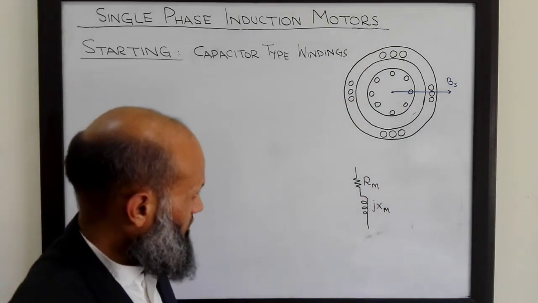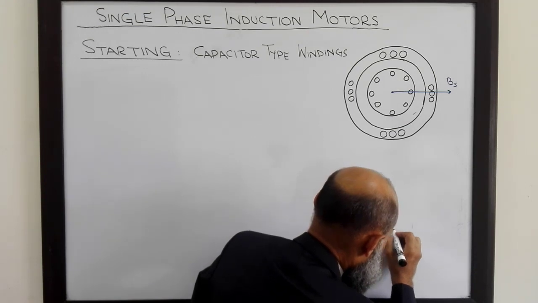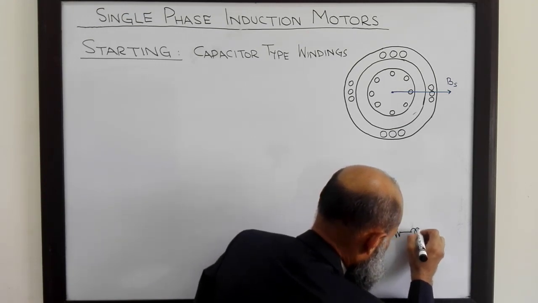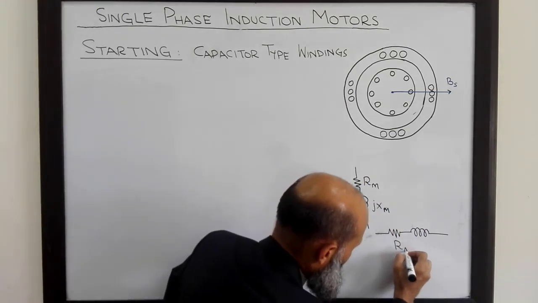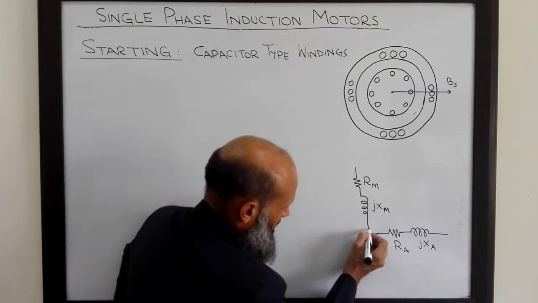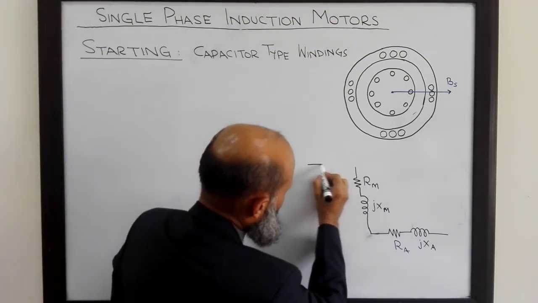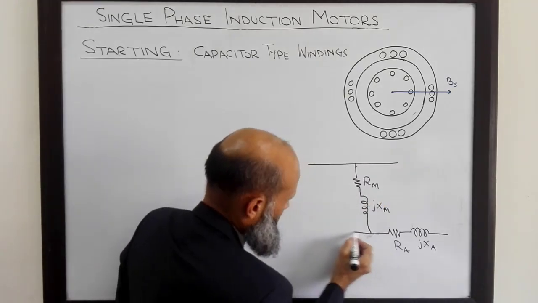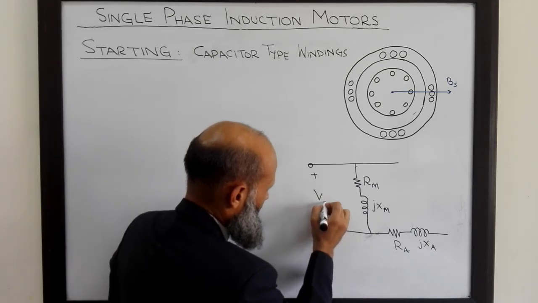Similarly, for auxiliary windings, we have resistance of auxiliary windings and inductive reactance of auxiliary windings, denoted by RA and jXA. Both these windings are supplied with the same voltage source, AC voltage source, single phase. So here this is connection VAC.